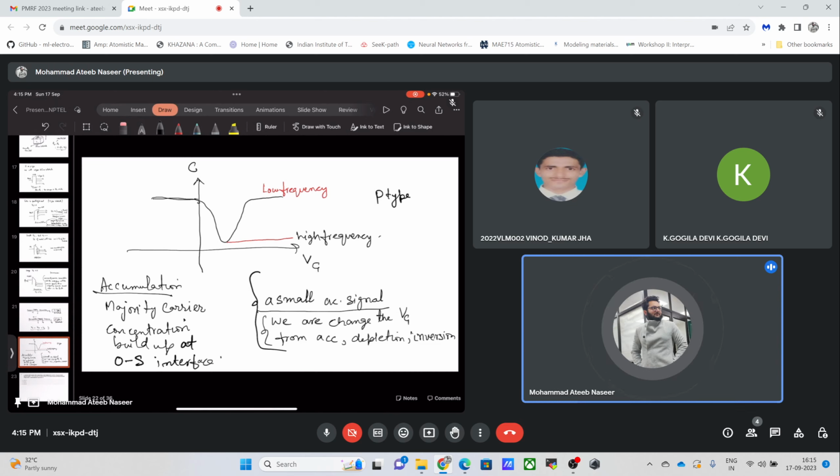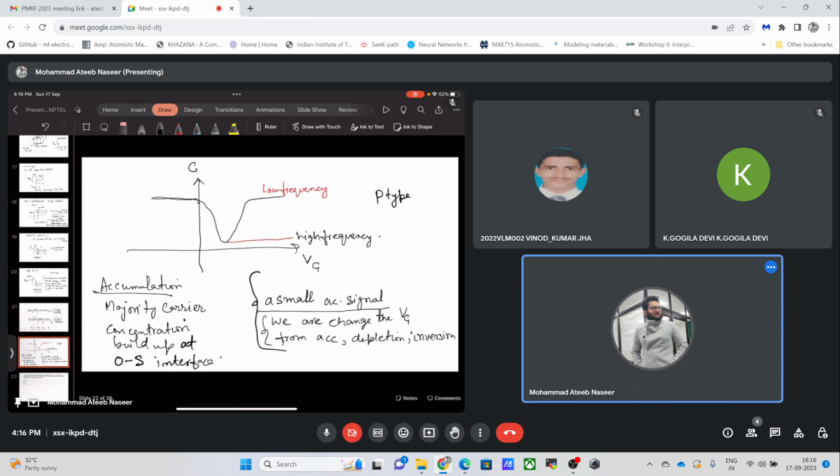So if I am applying some AC signal upon the system that I am trying to measure, it would add some charge to the interface on the metal side and the interface on the semiconductor side, but this would be very small compared to the charge already present on the interfaces at the metal and the semiconductor side.